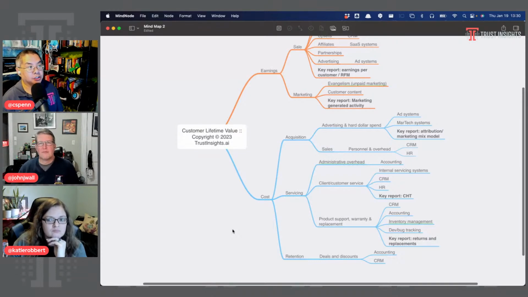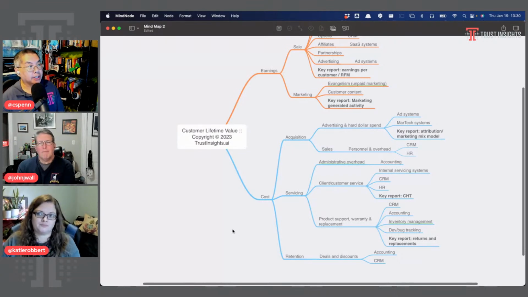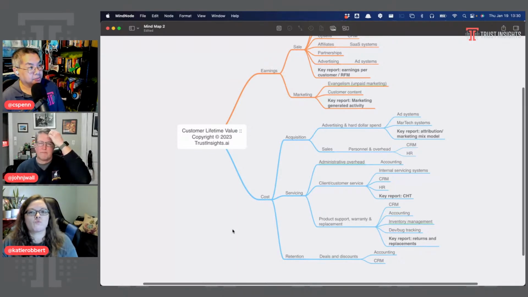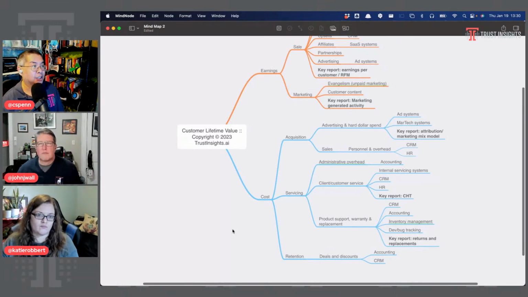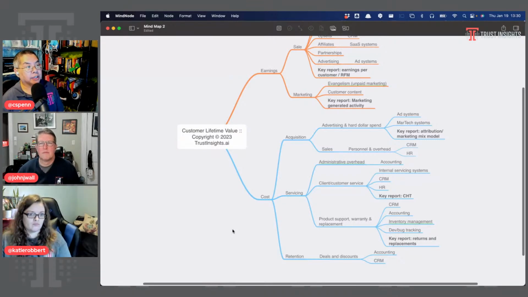So going through this exercise will tell you how much we can cut from the cost side without destroying the customer experience. Right. And could we do more with chatbots? What is the impact of a chatbot on customer satisfaction and retention? Looking at your NPS scores is part of that. But then once you have those numbers, you can start to just play with the levers.